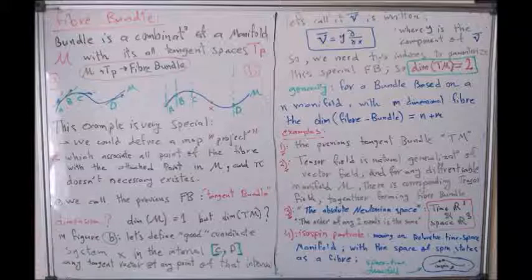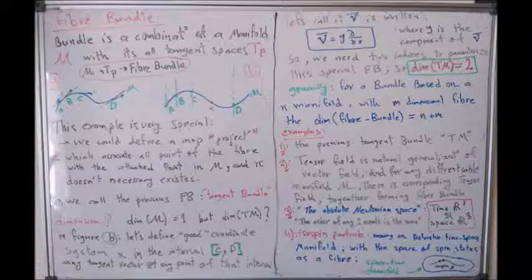An old example of fiber bundle is the Newtonian absolute space. In Newtonian absolute space, where time is absolute for everyone, we can use the space which is Euclidean of degree 3 as a manifold, and we can associate a field as a time.